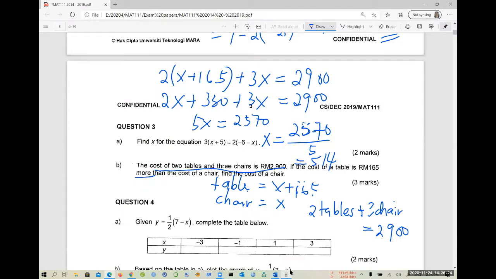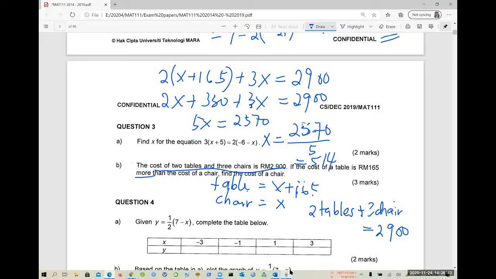Okay, so in this case it is either you use X for table or X for chair, but whenever you choose X for table or chair, you need to synchronize with the given information.